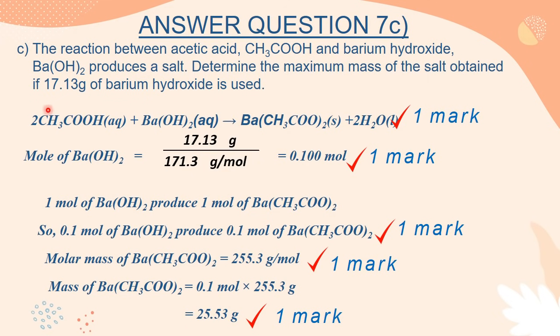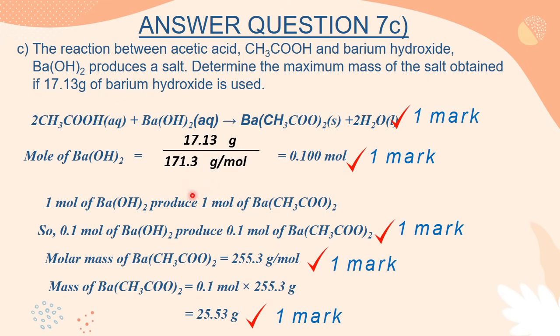You have to balance it. After you write the equation, then try to balance the equation. And then we calculate the mole of barium hydroxide. This is the mass of barium hydroxide. So from the mass we can determine the number of mole of barium hydroxide, equal to 0.1 mole.